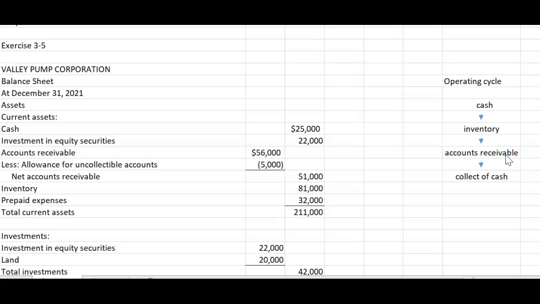Here's an example. I noticed this in the cheese section at the grocery store. You have cheese that takes 18 months to age. In that case, if that is the main product the company sells, then the operating cycle would be at least 18 months because it takes 18 months to age it.